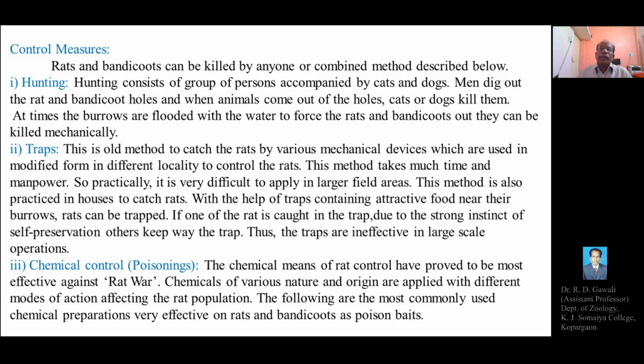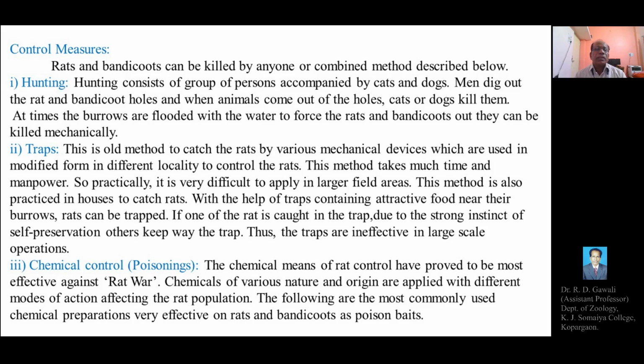So ultimately, the flooding of the water in the burrows will force the rats and bandicoots to come out. And when these rats and bandicoots come out, they are then killed mechanically.